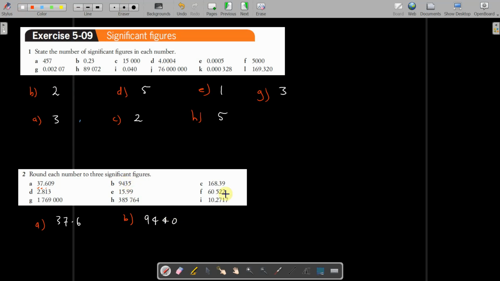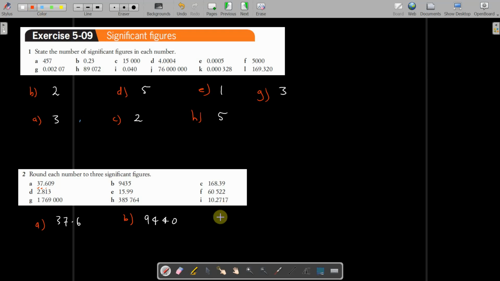Oh, plus you've got to add the 0, because 9, 4, 3, 5, yeah, rounds up to 9, 4, 4, 0. 3 significant figures. You don't count the one at the end. Why do we not put this in this one? Because they're counted. That would make that 5 significant figures. So in decimals, you do count the ones at the end. So we can't put them if we're rounding to a specific number.